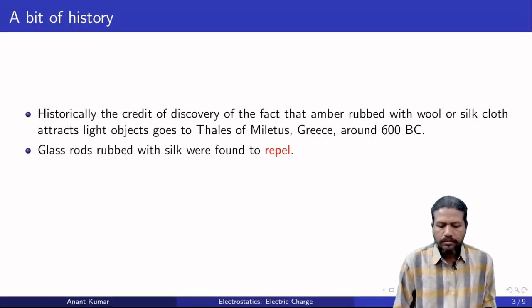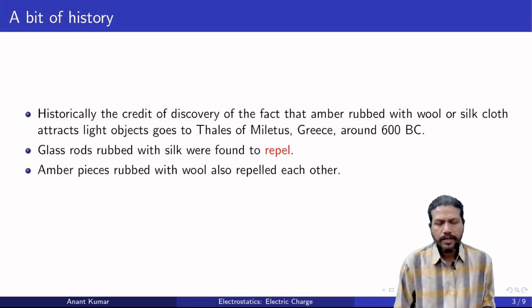It was found, after a lot of experimentation, that glass rods which are rubbed with silk repel each other. On the other hand, amber pieces which are rubbed with wool also were found to repel each other.